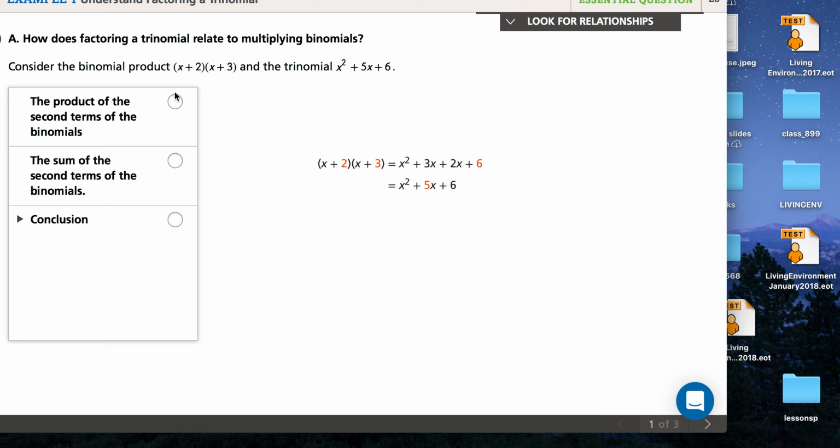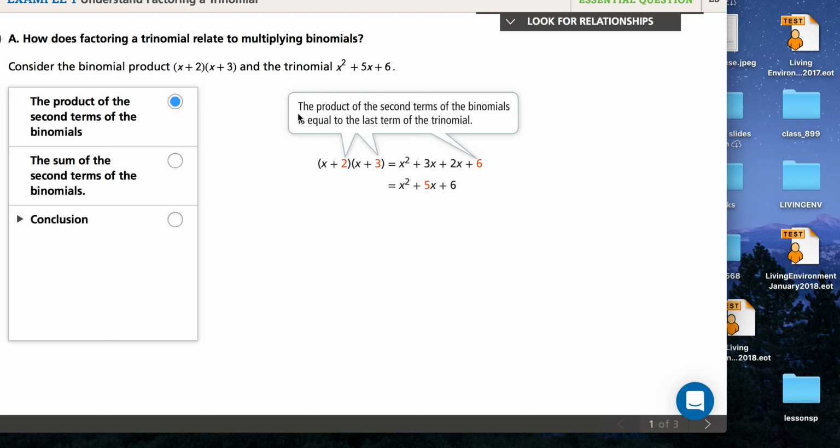Now, the product of the second terms of the binomials, what happened here? The product of the second terms of the binomials is equal to the last term of the trinomial. 2 times 3 is equal to 6, as you see here.